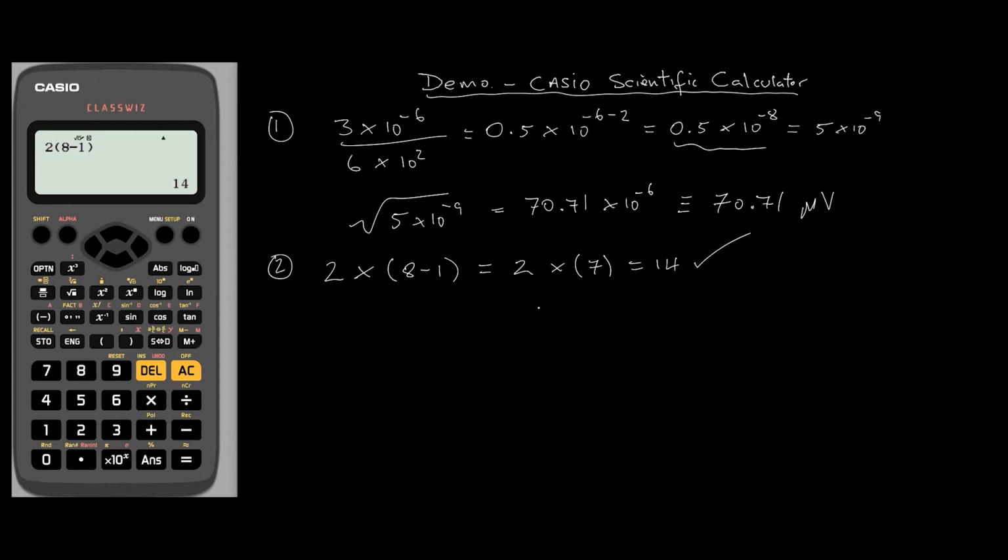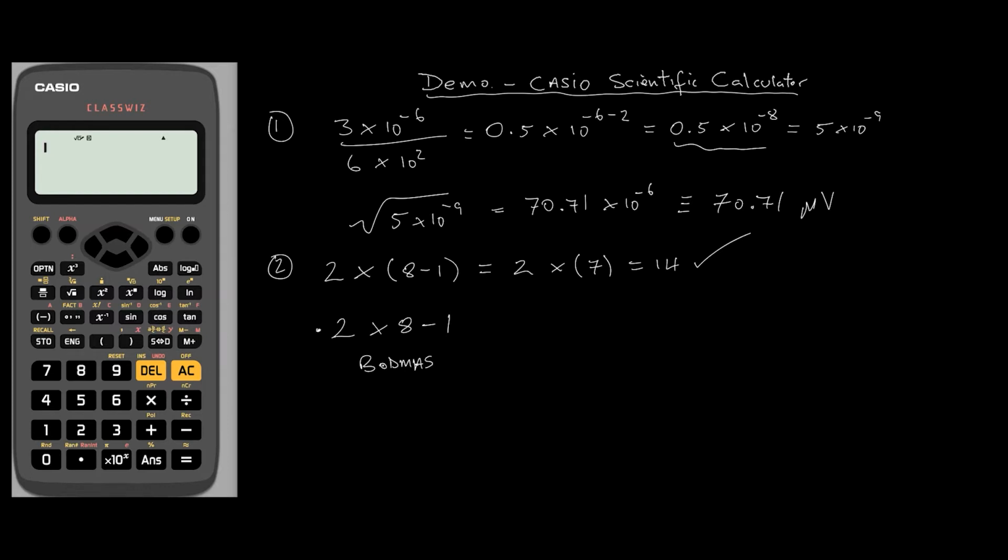However, if you did not use brackets and wrote it in like this, 2 times 8 minus 1, the calculator uses the acronym BODMAS, which you may have heard from school. Brackets, order, division, multiplication, addition, subtraction.